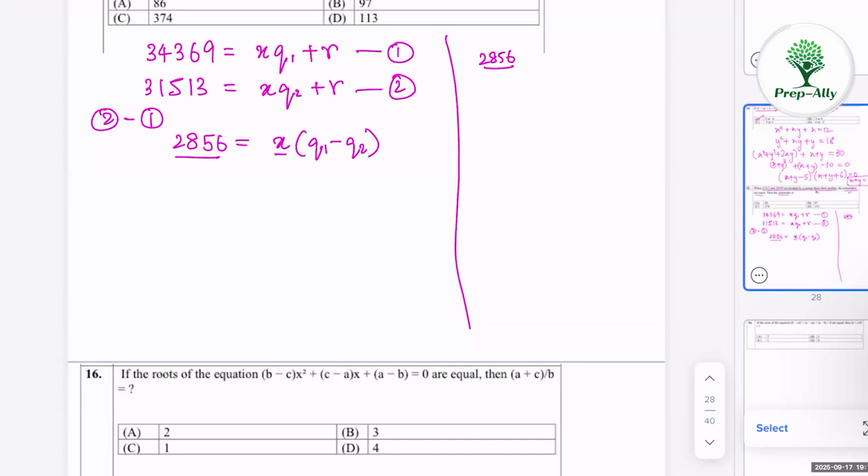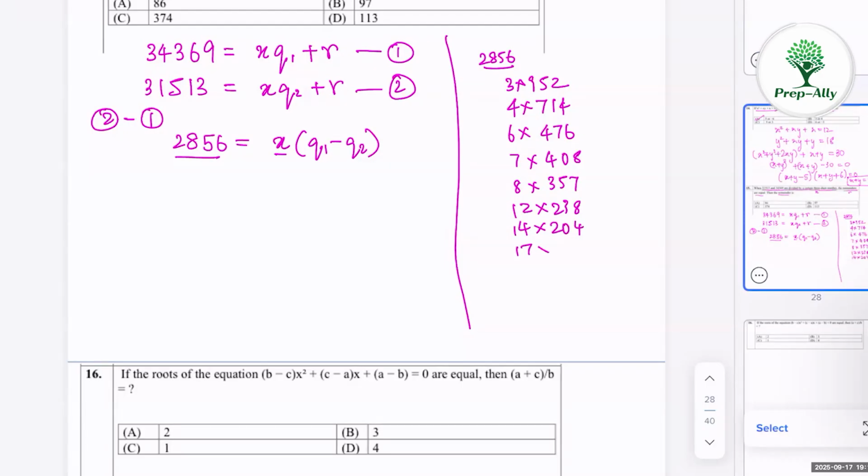2856 can be written as 3 times 952, 4 times 714, 6 times 476, 7 times 408, 8 times 357, 12 times 238, 14 times 204, 17 times 168, 21 times 136, 24 times 119, and 28 times 102, right?